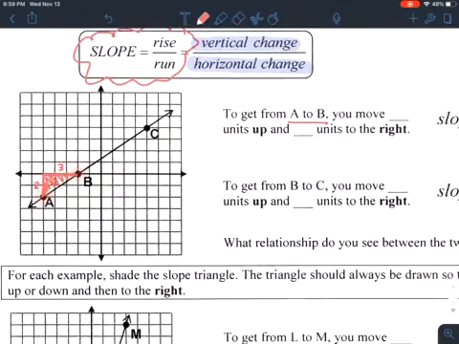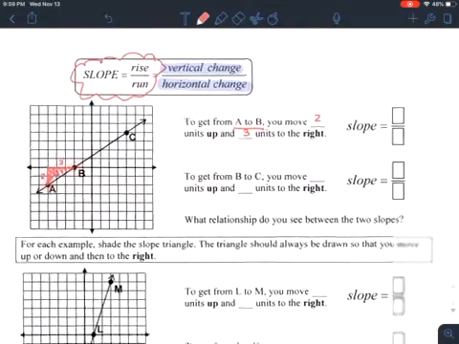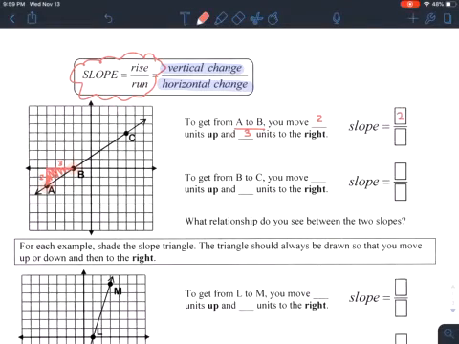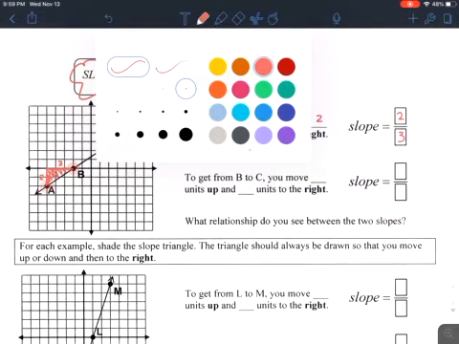So to get from point A to point B, you went 2 units up and you went 3 units to the right. 2 units is our vertical change, 3 units is our horizontal change. So my slope is going to be positive 2/3. I also can see as I read left to right, the slope is going up. So that means it's going to have a positive slope. So 2/3 makes sense.